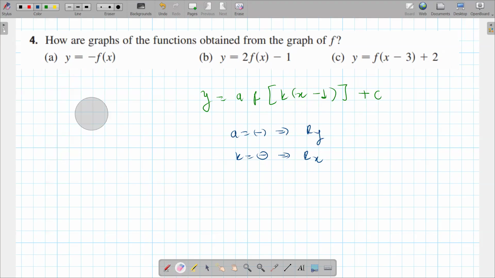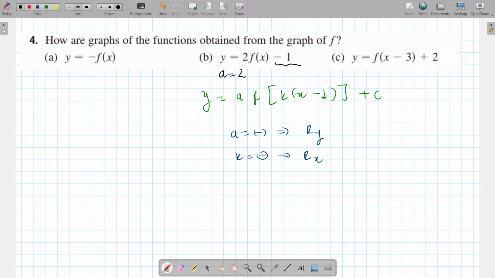Let's look at B. Same concept. The 2, is it for x or y? It's for y. I mean x. The 2 is for x? No, it's not. It's outside f of x. So the 2 is for y. So in part B, your A value is 2.